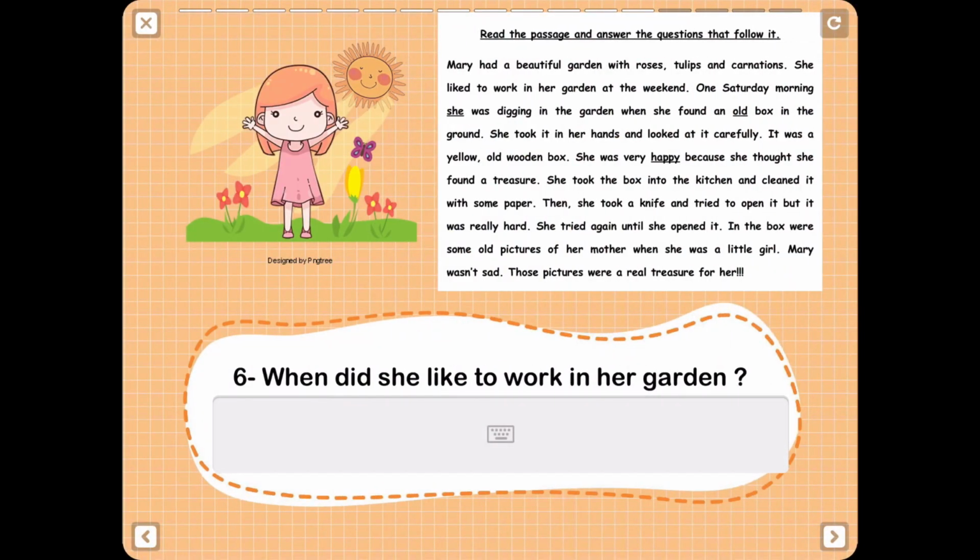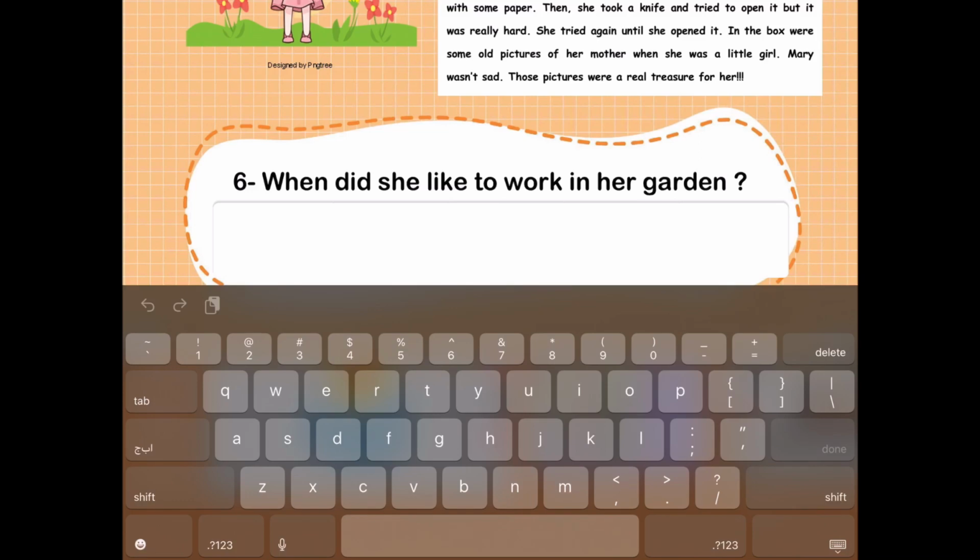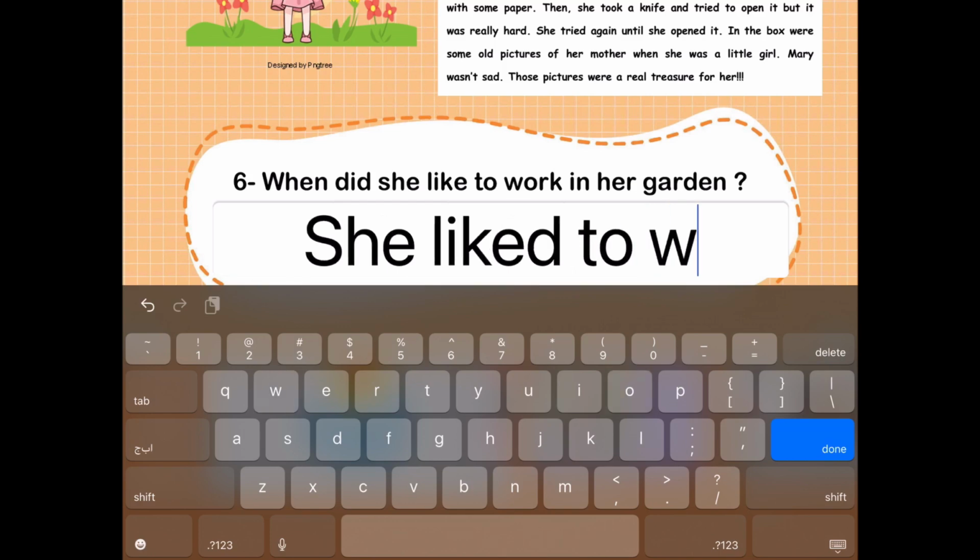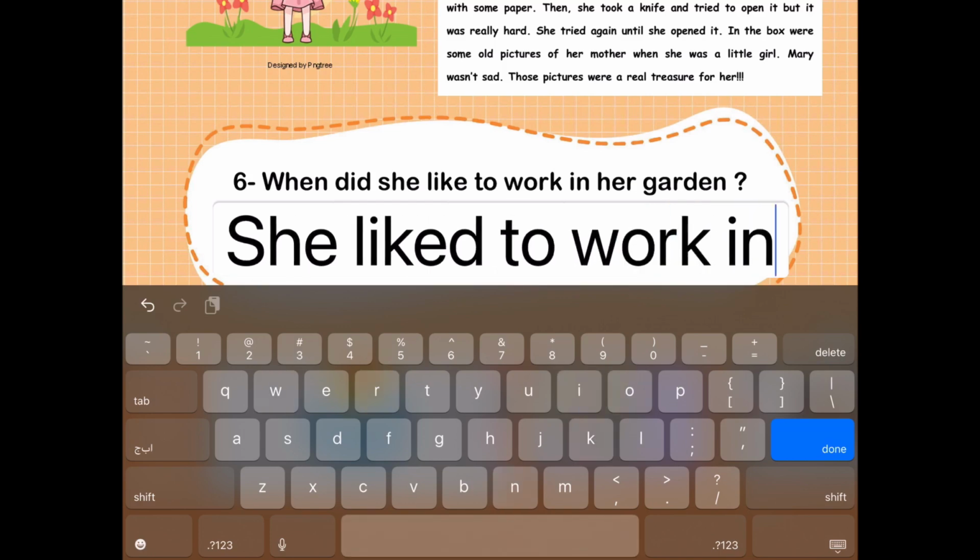When did she like to work in her garden? Read the passage and find out what time she liked to work in her garden. She liked to work in her garden at the weekend. Yes, excellent.